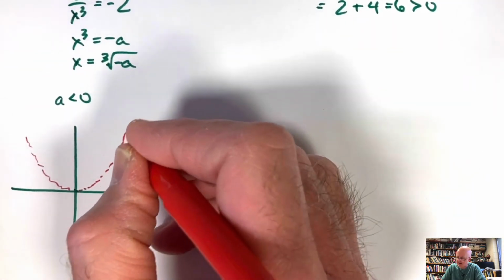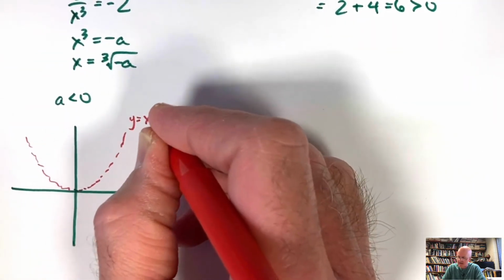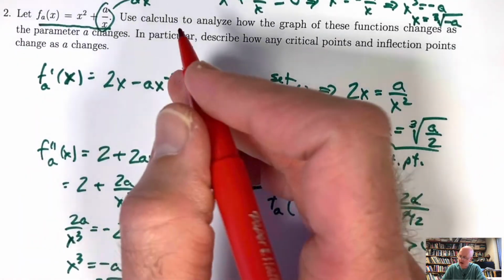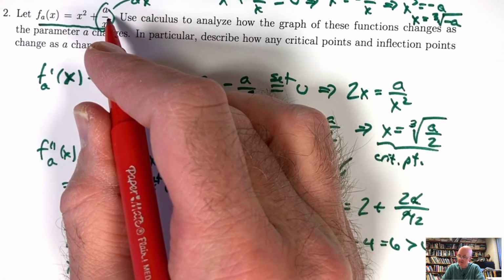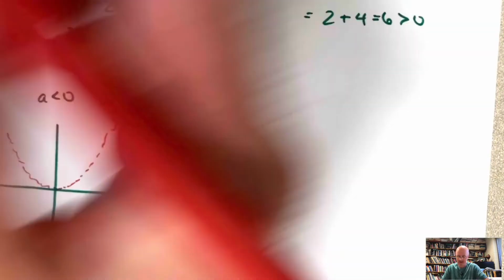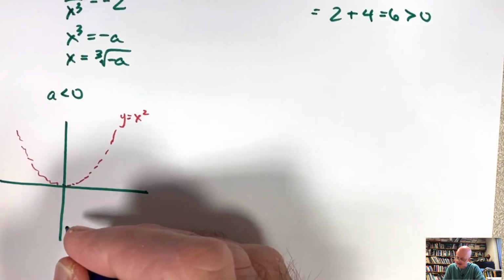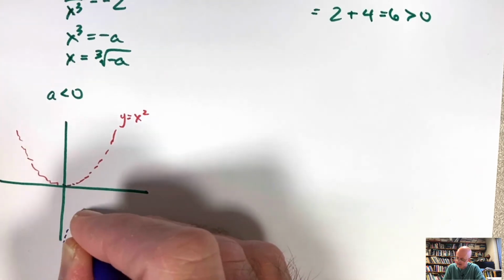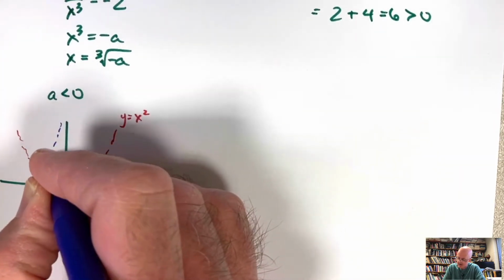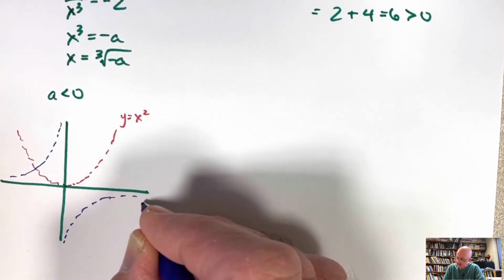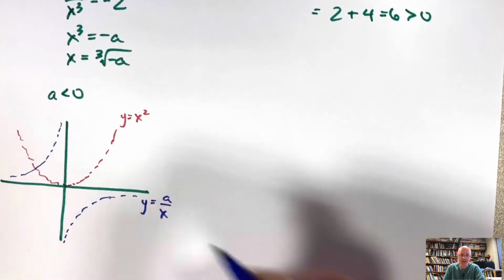That's y equals x squared. Let's also graph a over x when a is negative. A different color here. A over x when a is negative is going to look like this over here and this over here. That's y equals a over x in the case where a is negative.